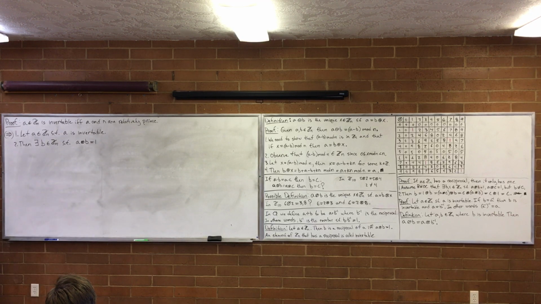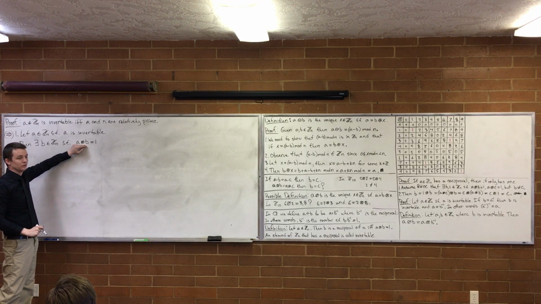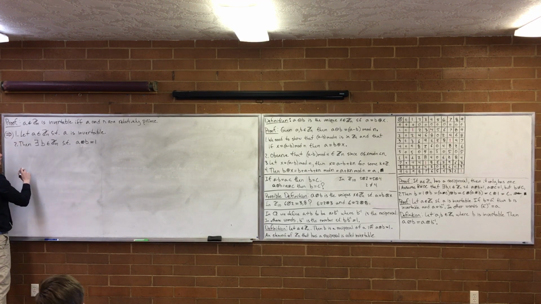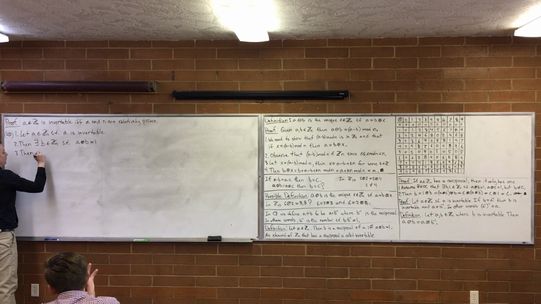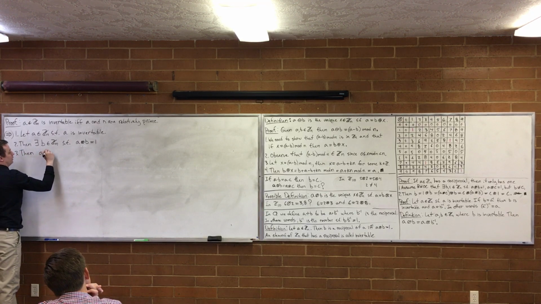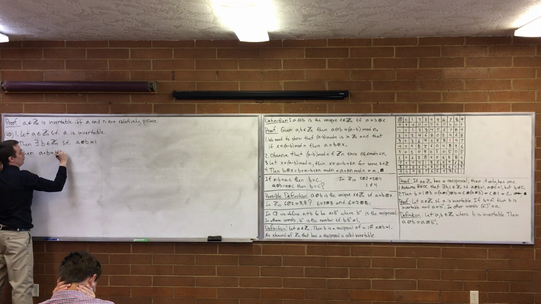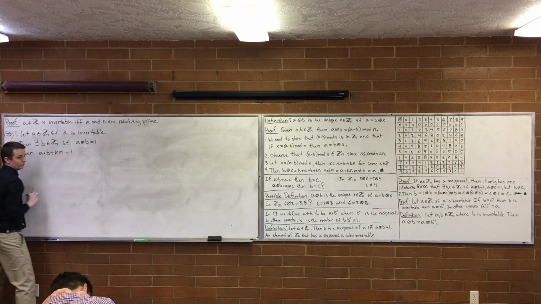But what is this A times B? It's A times B mod n. Then A times B plus some multiple of n is equal to 1.